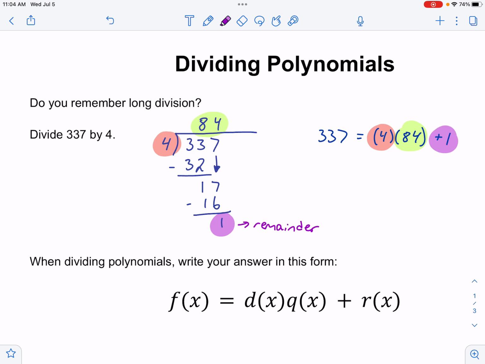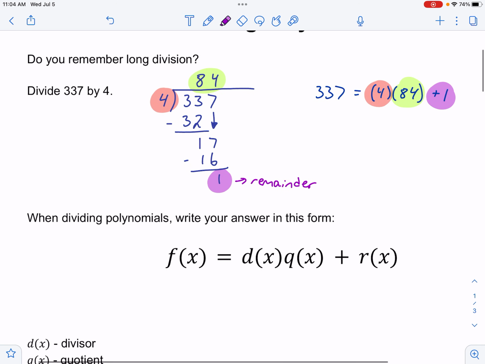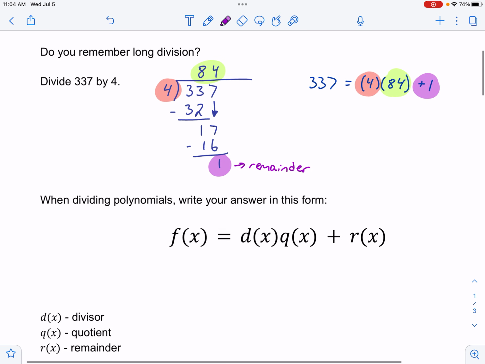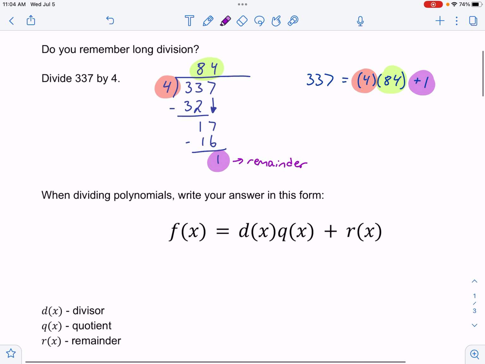And when we're dividing polynomials, we are going to write our answers in a very similar format. We just are using different letters and terminology, okay?